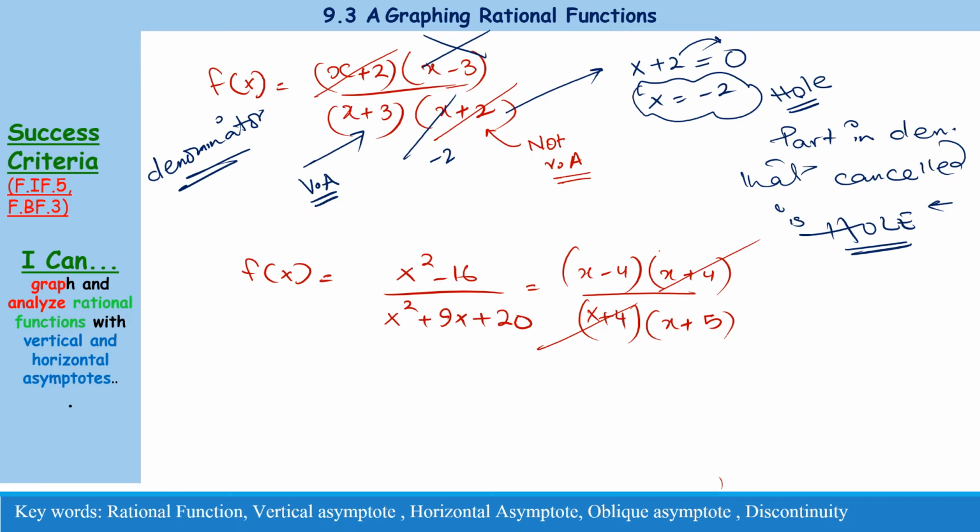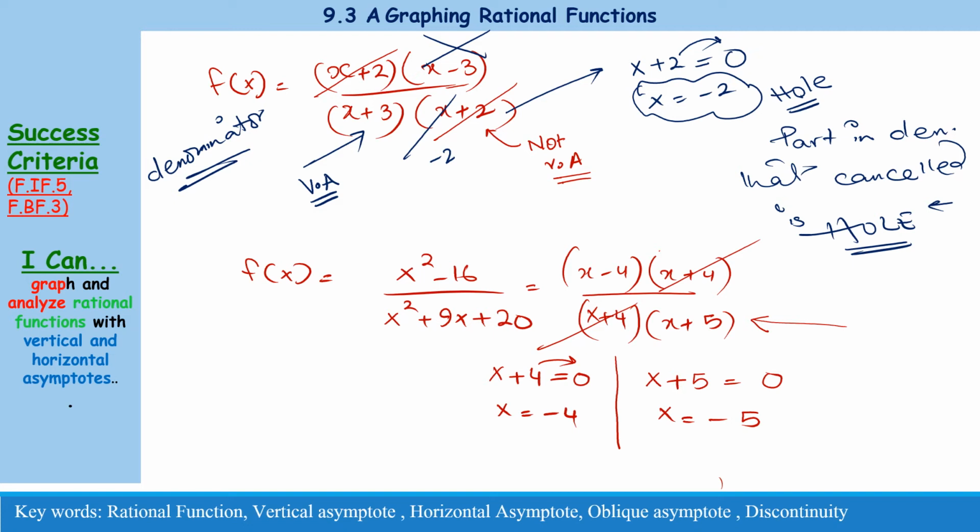Now focus on the denominator, write down the part that cancelled, and also write down the part that doesn't cancel. Make it equal to 0 one by one. Solve for x. So the first part is negative 4, and the second part is negative 5.